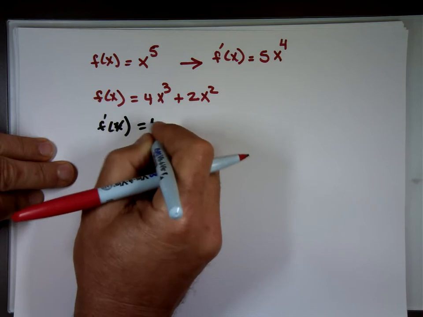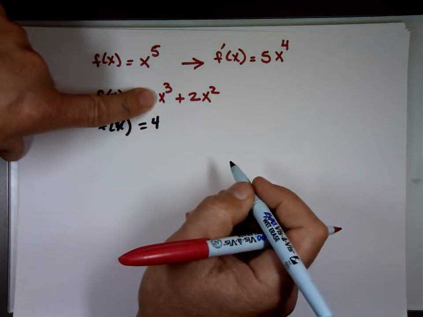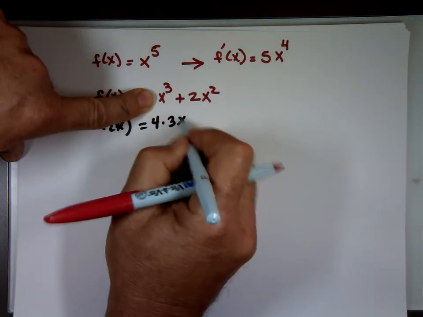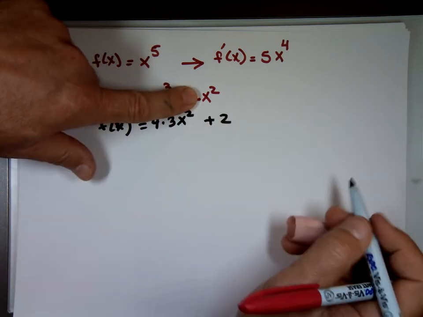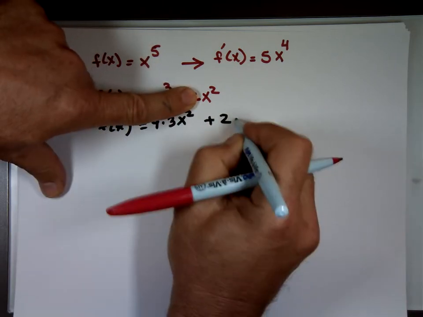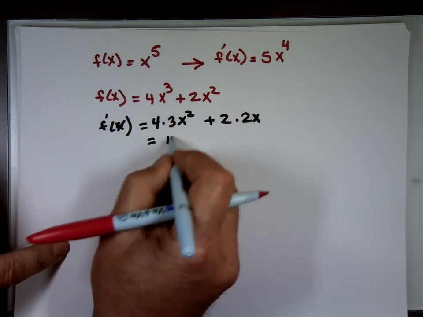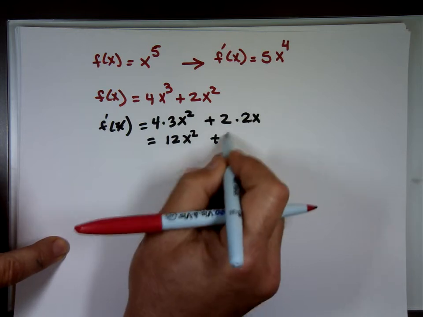What's the derivative of x to the 3rd? 3x squared. Plus, there's the 2. What's the derivative of x squared? 2x. What's 4 times 3? 12, so 12x squared. What's 2 times 2? 4x. Was that the answer?